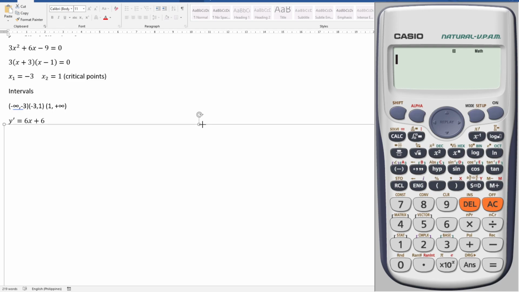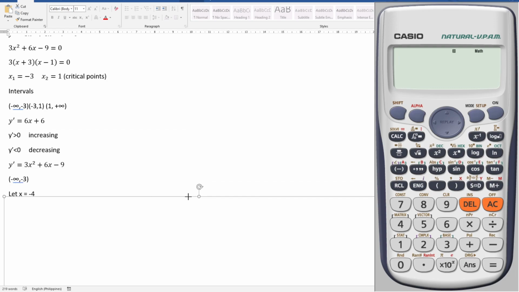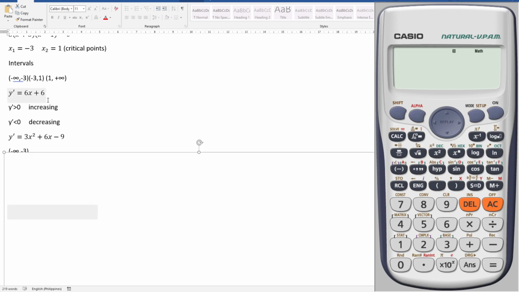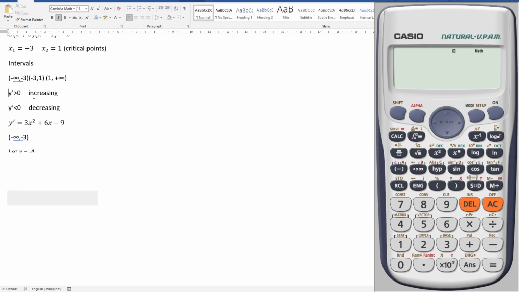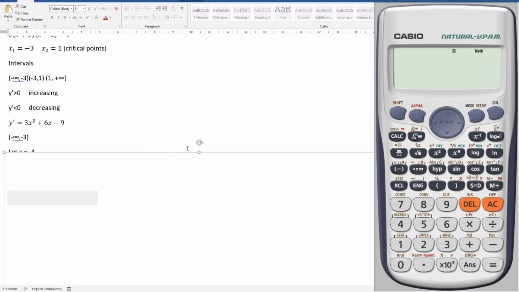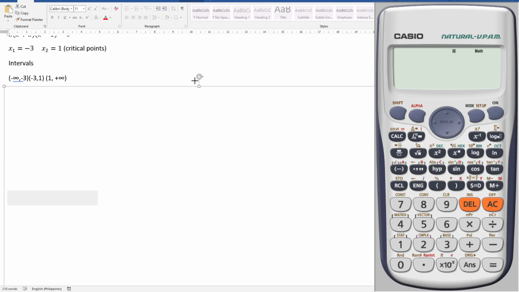So since naa na tay intervals, kani siya atong magamit sa first derivative test. So gamiton nato balik ang first derivative. So kung kani ang intervals, mamili ta og value within that interval.